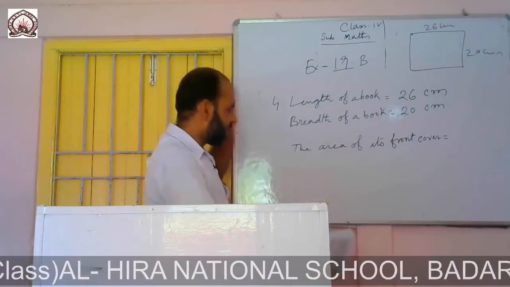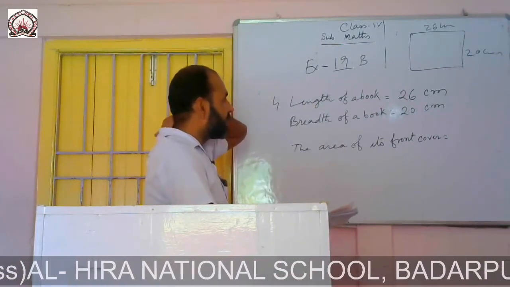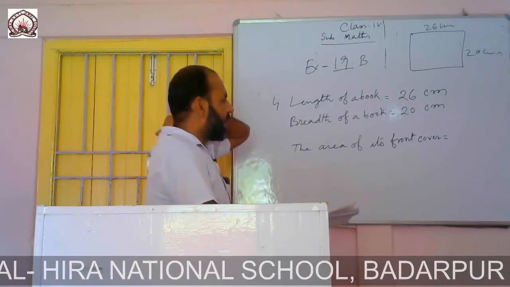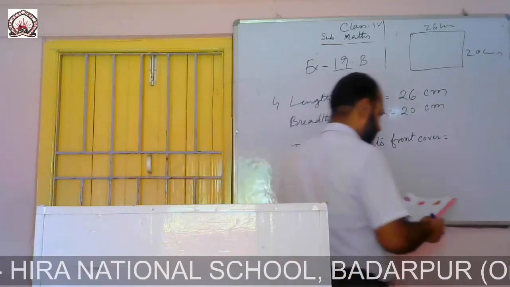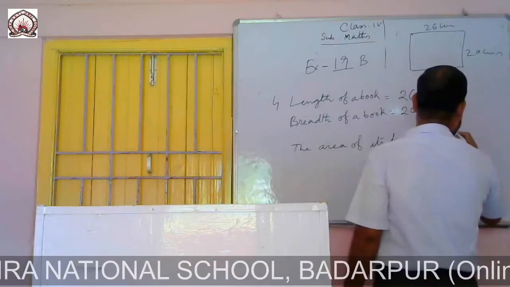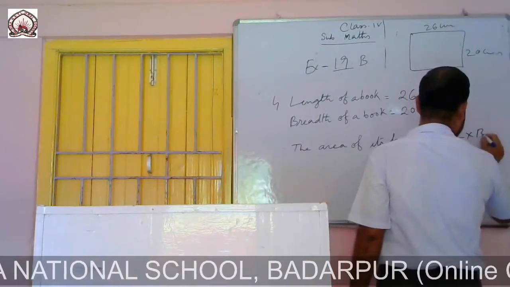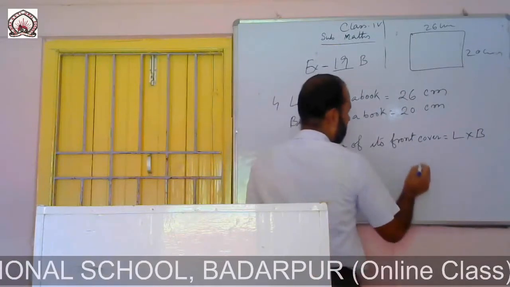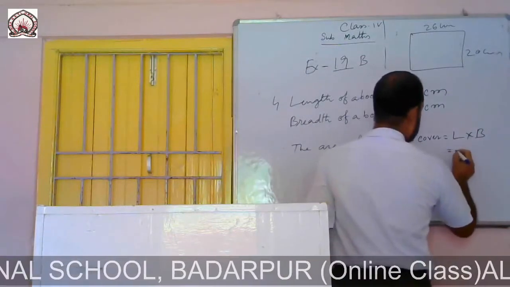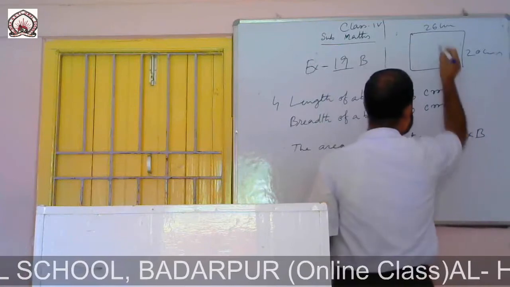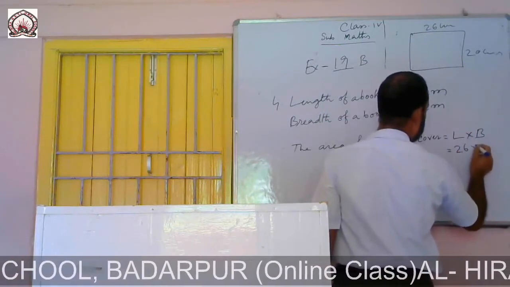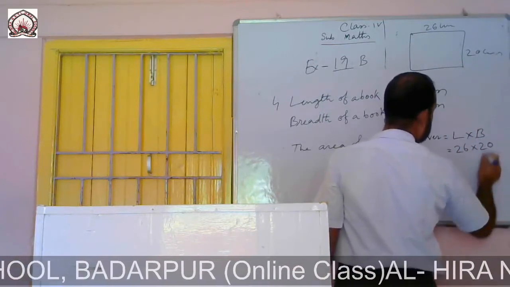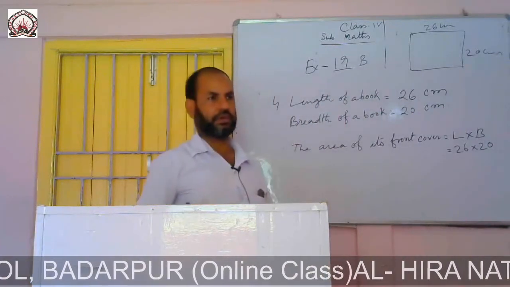We know the area of a rectangle equal to length into breadth. The area of its front cover equal to length into breadth. So equal to 26 into 20.